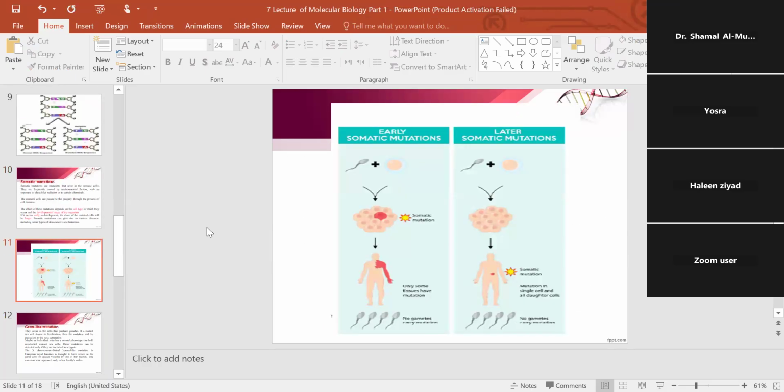In this picture, you can see the early somatic mutation and the later somatic mutations. Here we can see sperm and egg, and the mutation happened here.